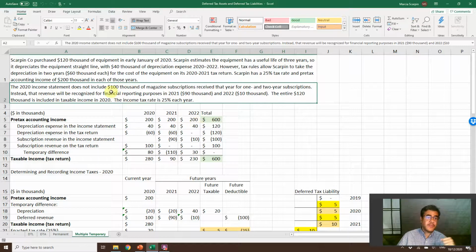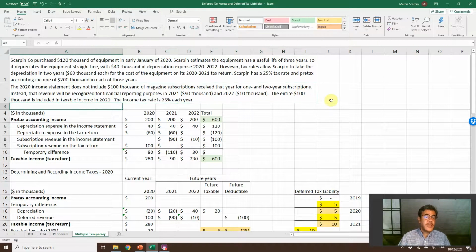On the other hand, 2020 income statement does not include 100,000 of magazine subscription received that year for 1 and 2 year subscription. Instead, that revenue will be recognized for financial reporting purpose in 2021 and 2022. And here is not 1,120, is 1,000.